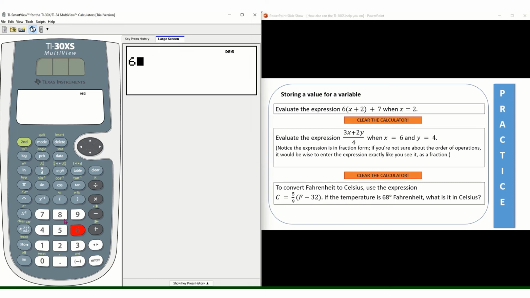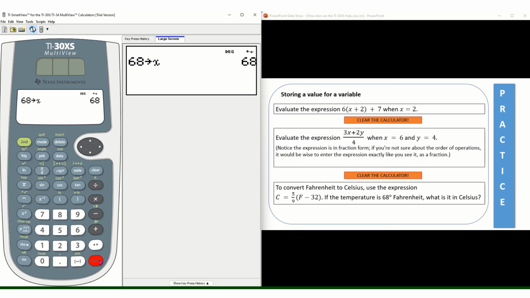So 68, because I'm using the calculator and there's no F variable, we're going to say x is going to stand for Fahrenheit. I'll press enter and it's stored in there.